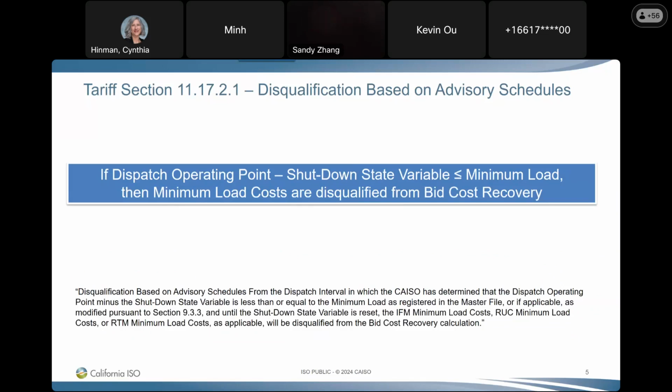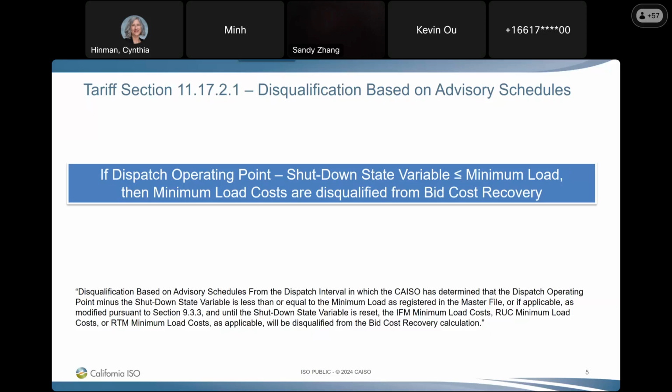But what this does is it's looking at those advisory shutdown periods and determining if there's disqualification because a resource is persistently deviating after they got an advisory shutdown instruction. So at the bottom of this slide, you can see that is the actual tariff language.